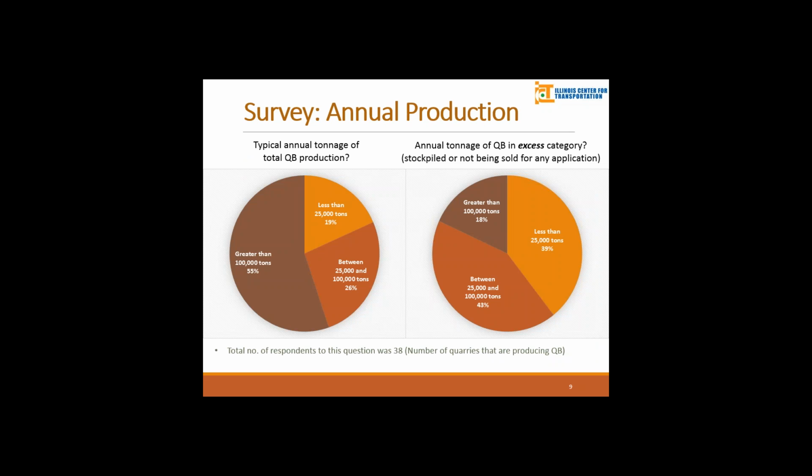From the survey, we know the annual production of the quarry byproducts. For example, 55% indicate they have greater than 100,000 tons of quarry byproducts produced each year in their quarry. And if we ask them about the quarry byproduct that you didn't sell for any use, there are still about 18% saying they have greater than 100,000 tons produced each year, and they are just stockpiled nearby their quarry, not sold for any application.